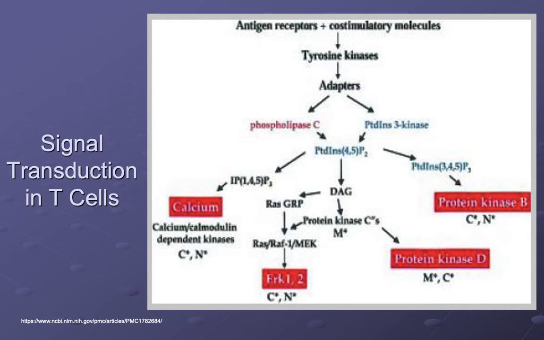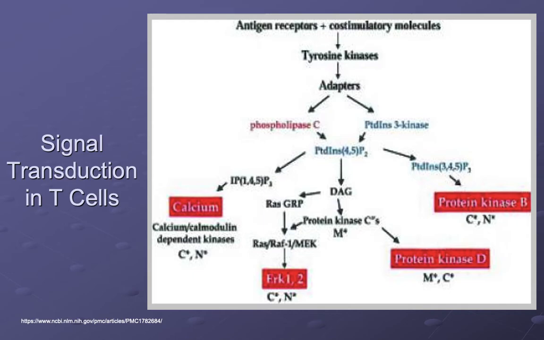Tyrosine kinases. So in this whole pathway, we can see the production of these important enzymes. Actually, this figure here illustrates how inositol lipid compounds are metabolized inside T cells.